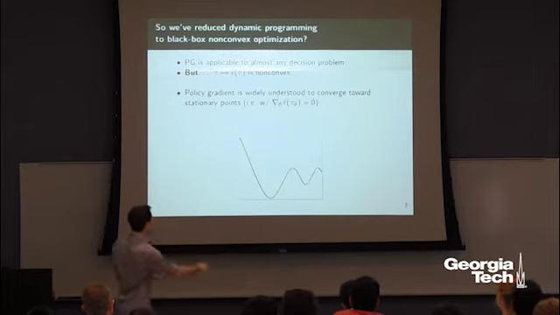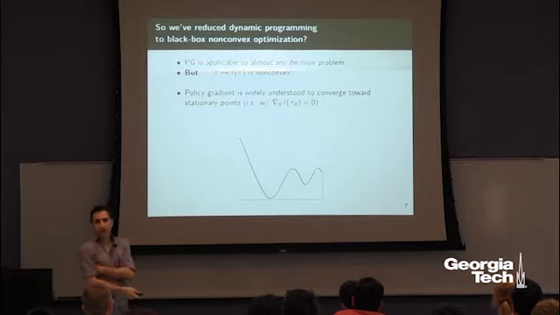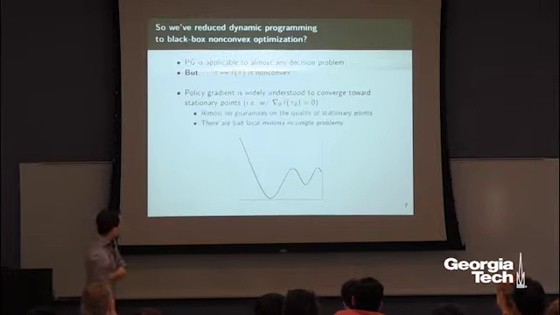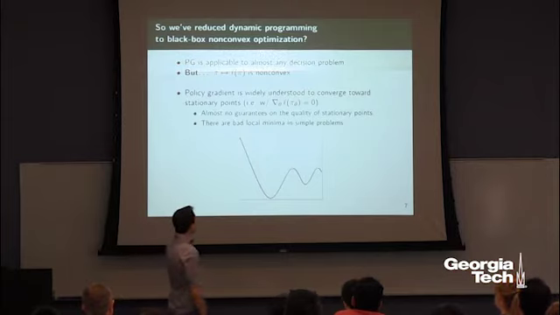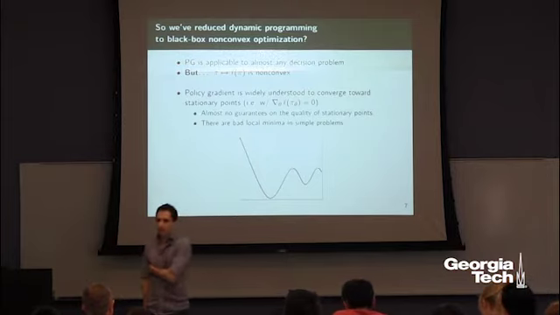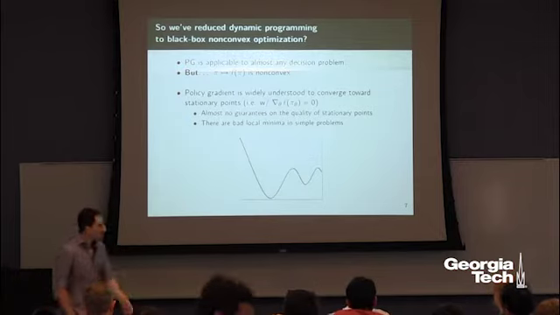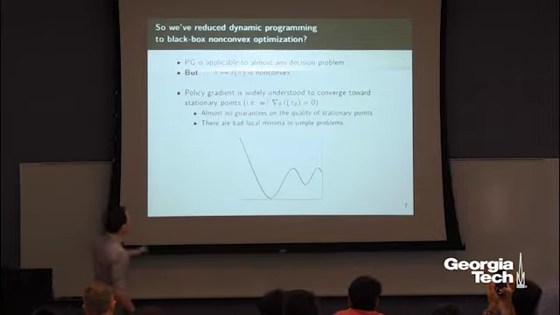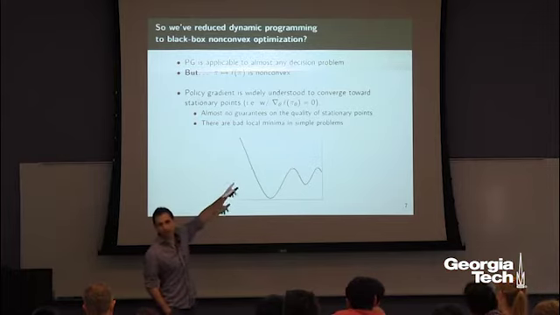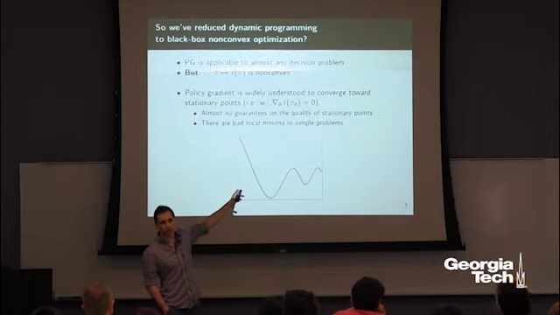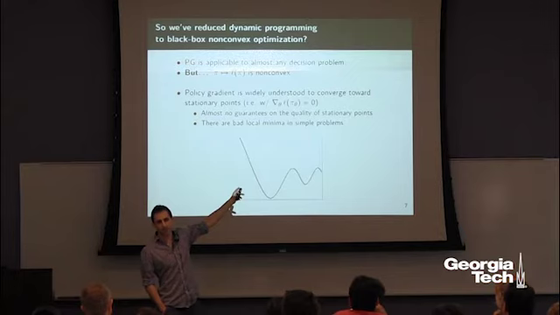So something like you will eventually converge to a point where the gradient is 0. But there's almost no guarantees available on the quality of stationary points of this objective. And what I'll show you in a moment is there are bad local minima in extremely simple problems.